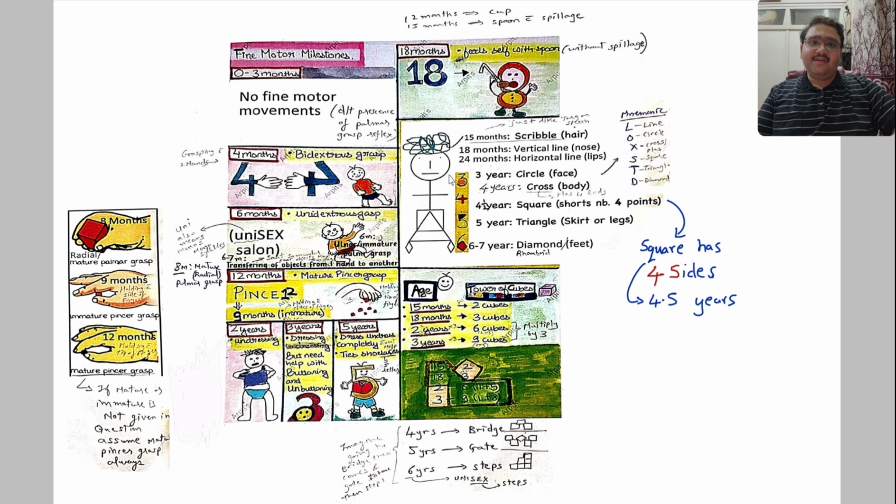At 24 months, horizontal line represented by the lips. At 3 years, circle represented by the face. Then at 4 years, cross represented by the body. Then at 4.5 years, square.